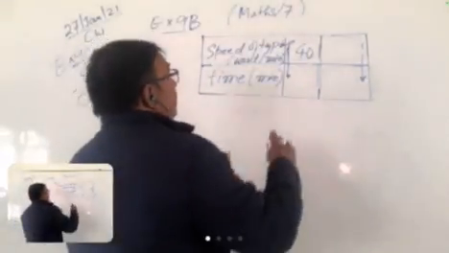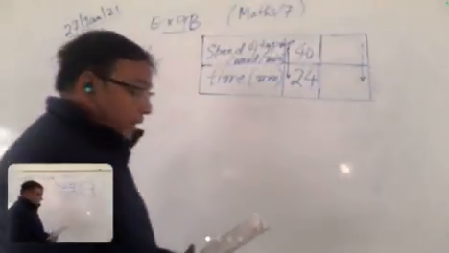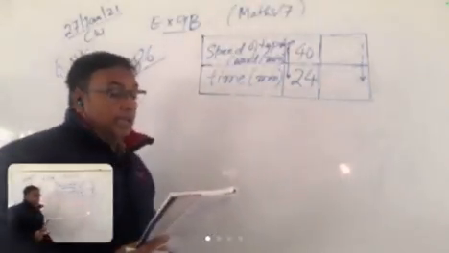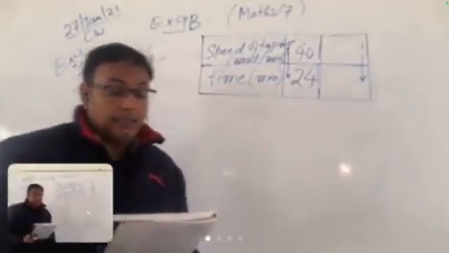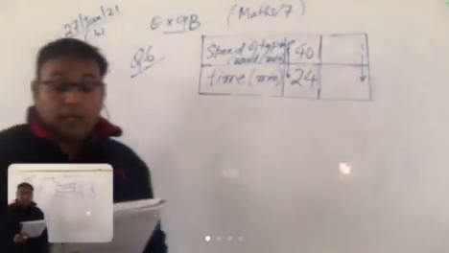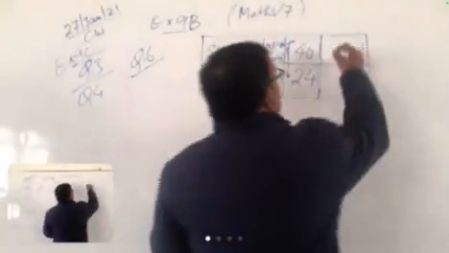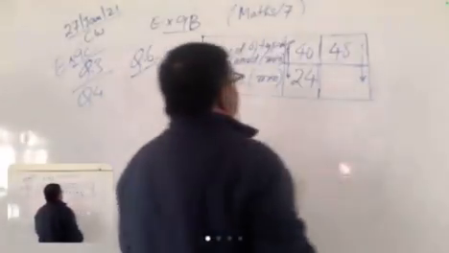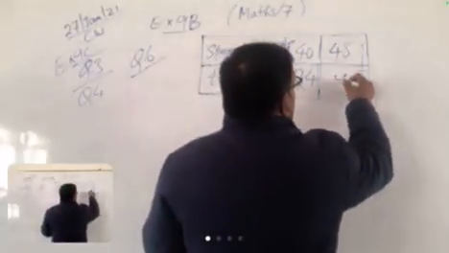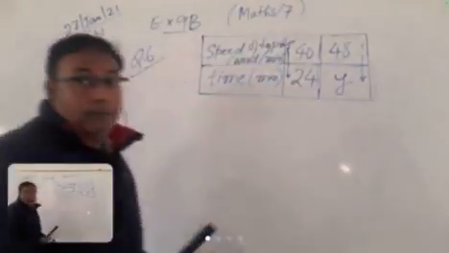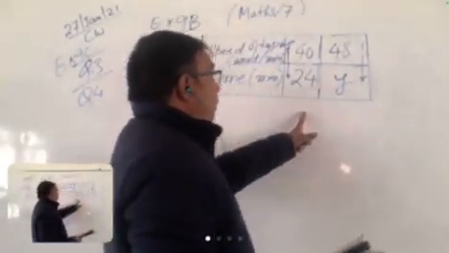And she can finish the work in 24 minutes. Her friend Geeta has a typing speed of 48. Now her friend's speed is 48 words per minute, and this is y. How much time does she require to type the same document?